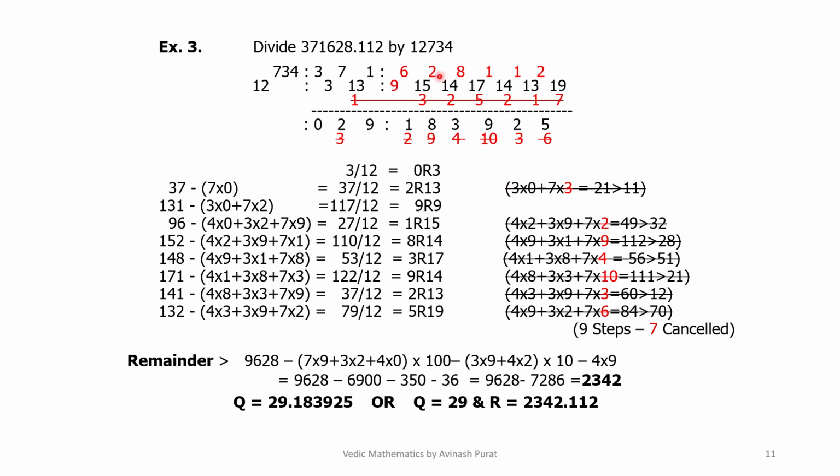But then 32 would be the next dividend, and 4 multiplied by 2, 3 multiplied by 9, and 7 multiplied by 2 would be 49, which is more than 32. So we consider 1 as quotient and the remainder is 15. So 152 minus 4 into 2 plus 3 into 9 plus 7 into 1 equal to 110 divided by 12.